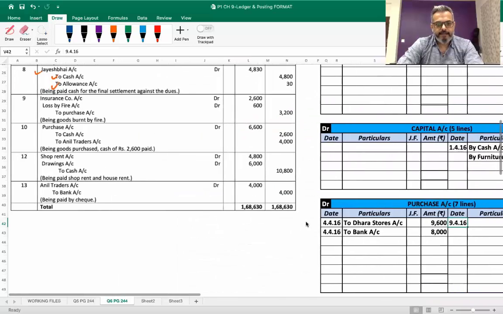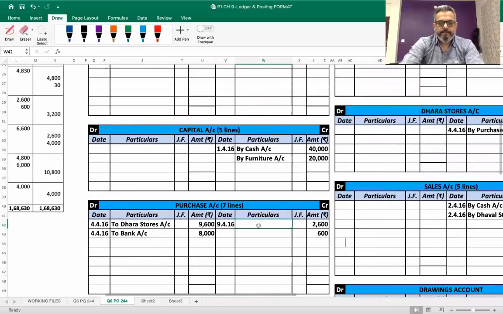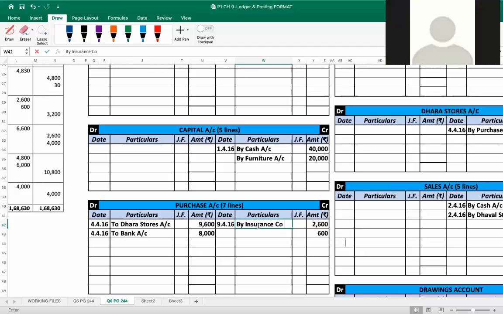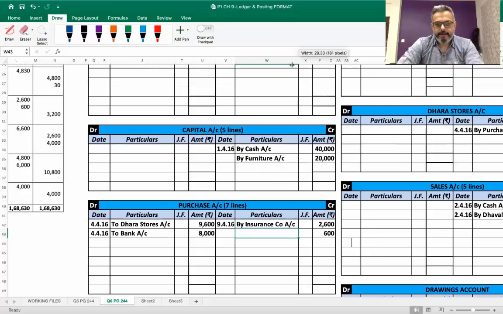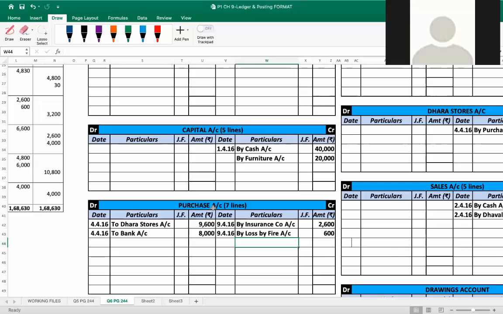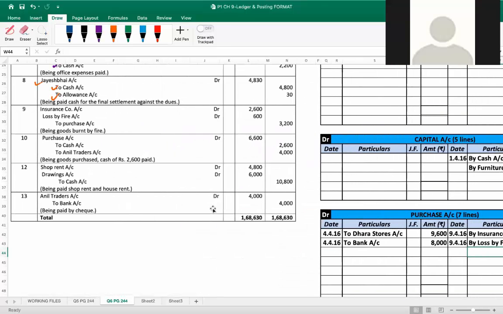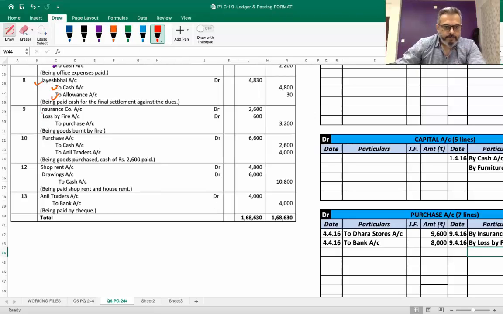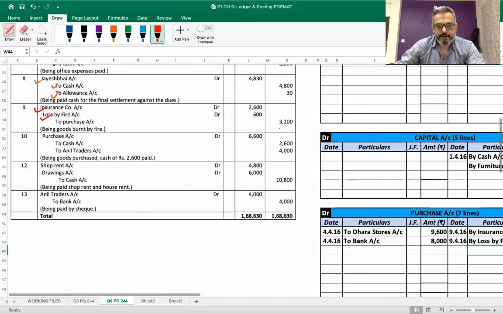So on the date 9th, by insurance company, and again date 9th by loss by fire account. So let's take insurance company account debit 2,600 done, loss by fire debit side 600 done, and purchase account credit side 3,200 done.